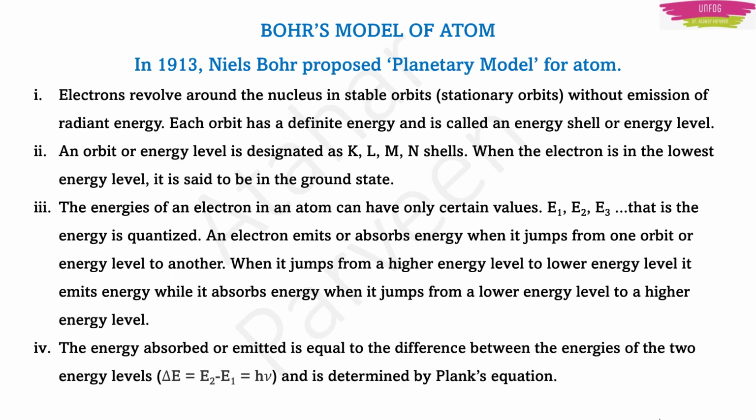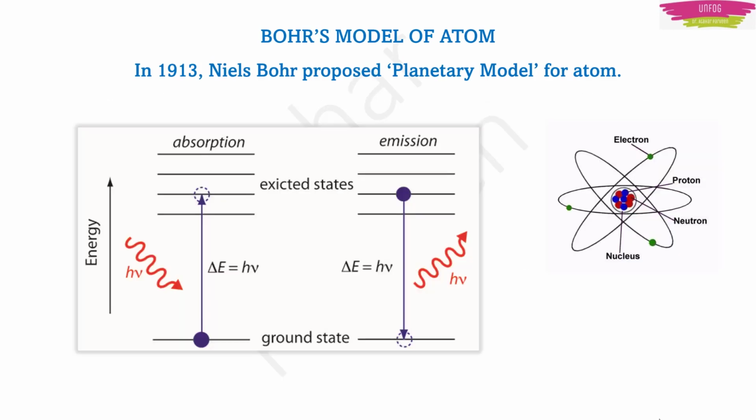Now let's see this concept of absorbing and emitting energy. You can see this figure here. If the electron is in the ground state, meaning the lowest energy level, I told you, right? If it wants to go into the higher state or the excited state, then it will need some energy, so it will absorb energy.